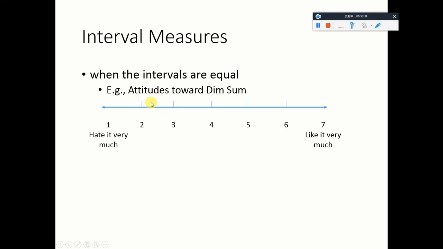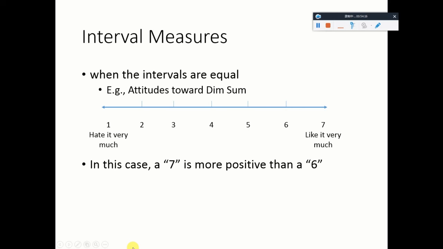So again, this time we have a scale for attitudes toward dim sum, but this time I have equal intervals, or assume that the interval between each pair of values, between 1 and 2, between 2 and 3, between 3 and 4, is the same. And once we assume that, or once we make sure that happens, we'll have an interval scale.